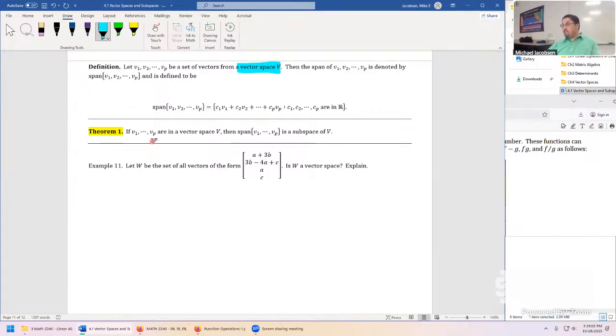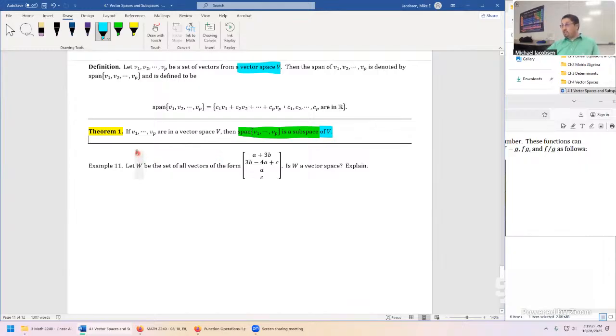But the statement is massive. If you take any set of vectors in a vector space V and span them, you'll get a subspace of V. So automatically, spans are subspaces, is what this is saying. The span of a set becomes a subspace. That makes certain problems really, really fast to solve.